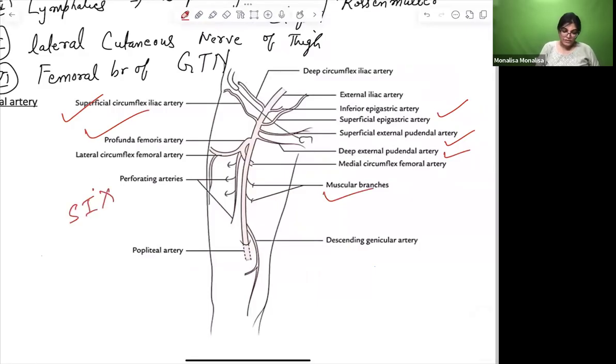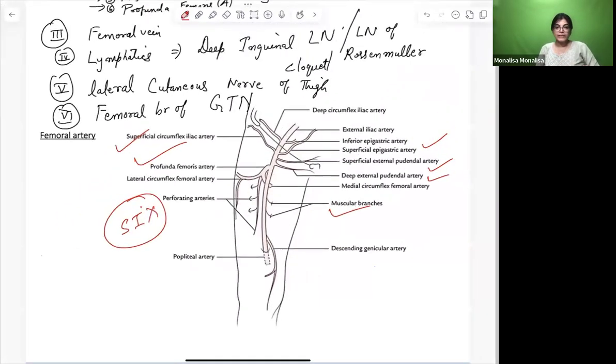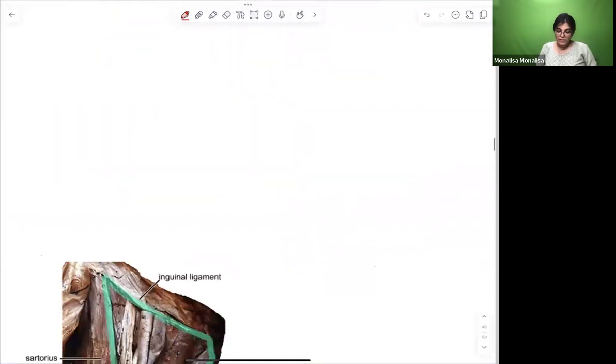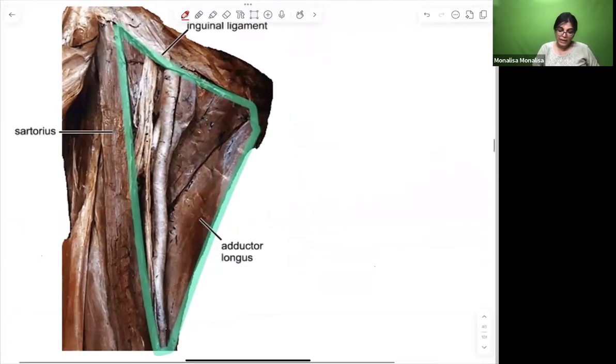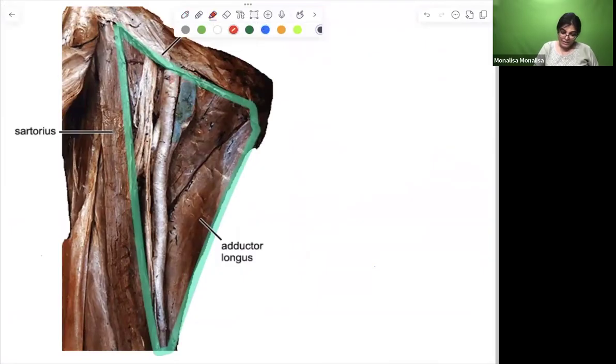These 6 branches are the content of the femoral triangle. This image is also showing the important structures: here the vein, here the artery, and here the nerves.